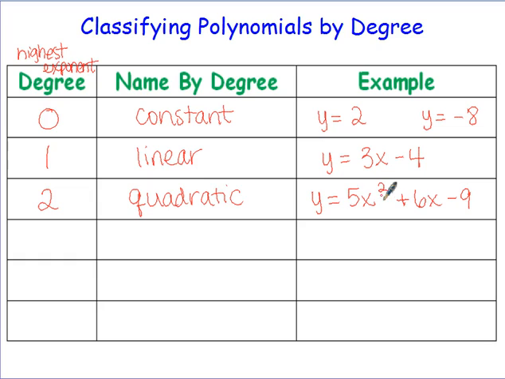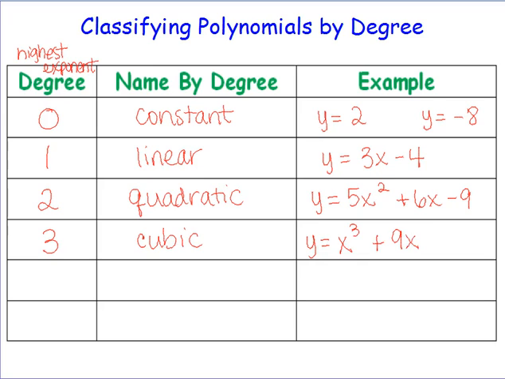So this 2 is what makes it quadratic. 3, the vocab word is cubic. It means you must have y equals x cubed. You must have an x cubed in your problem, and we'll throw in a plus 9x.